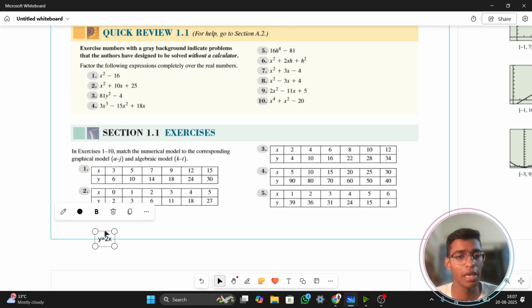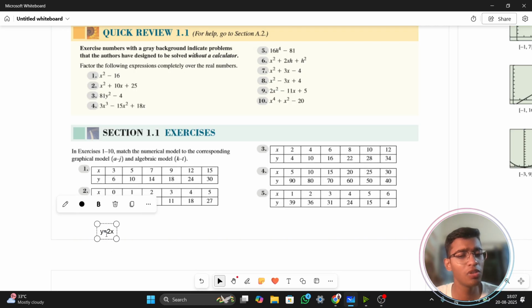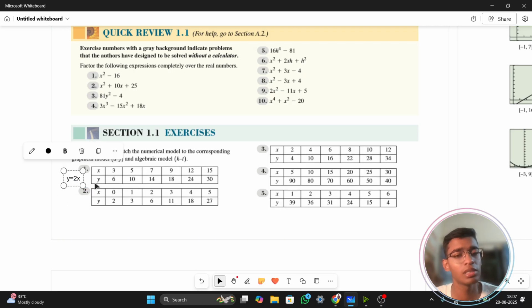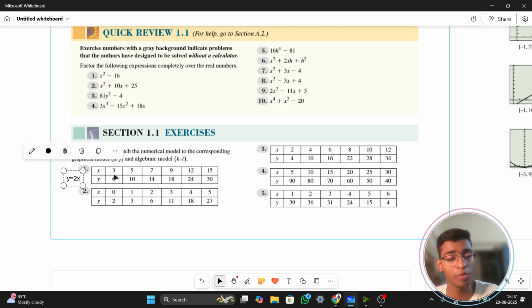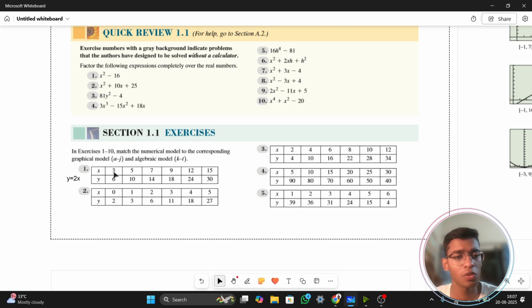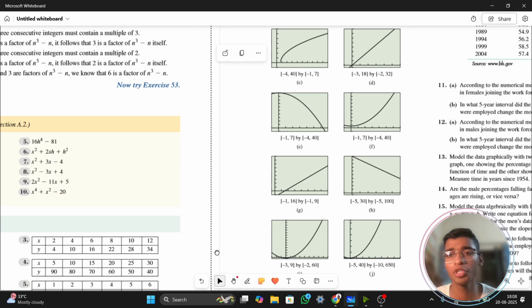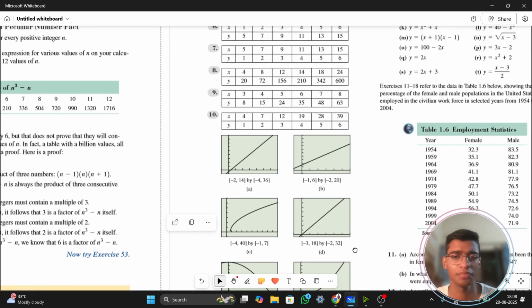This equation holds true for all the values you see in the table. Whenever you put x equals 3 in this equation, you get 6; for 5, you get 10. So this equation is right, which means you now need to find which model depicts this.